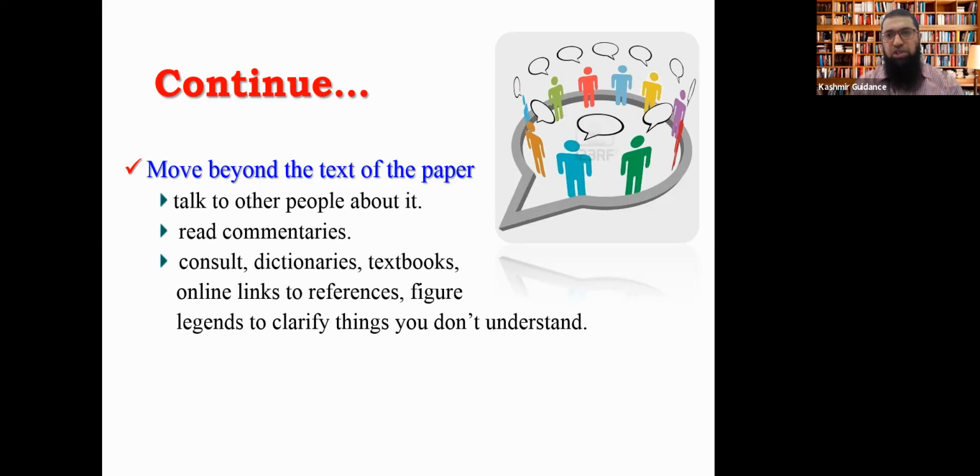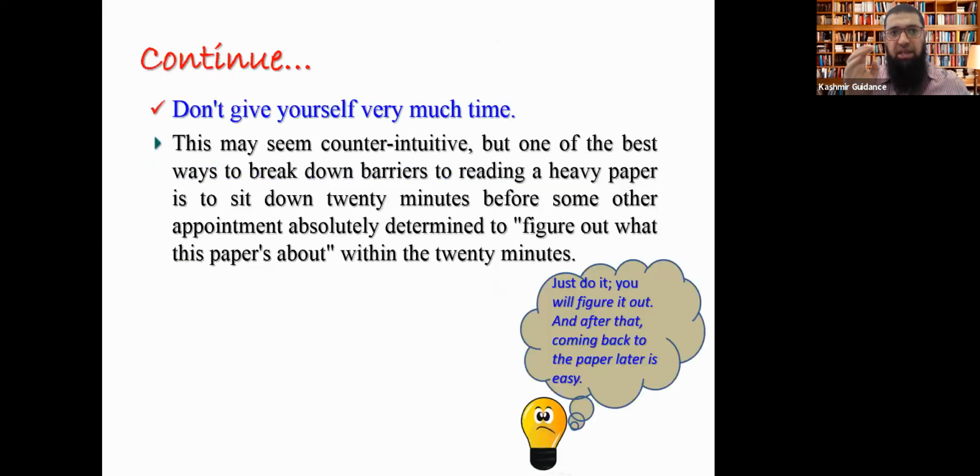There are a number of online links available where you can easily get a definite answer. Also, don't give yourself too much time. Sometimes there is some figure or table inside the paper and you don't understand it even after giving it longer time. Don't cling to one paper alone.